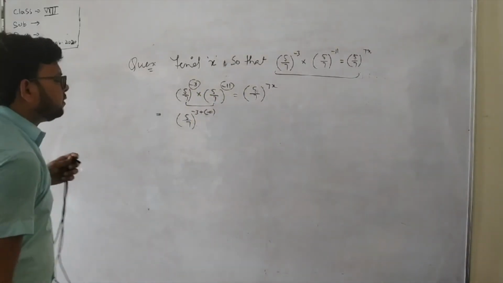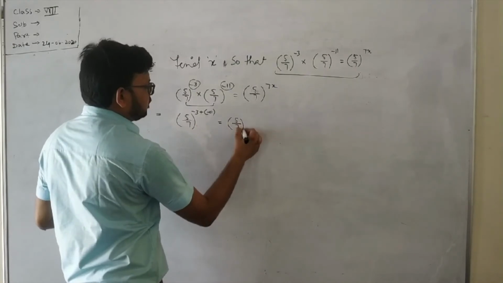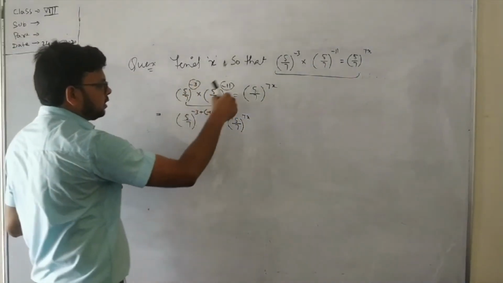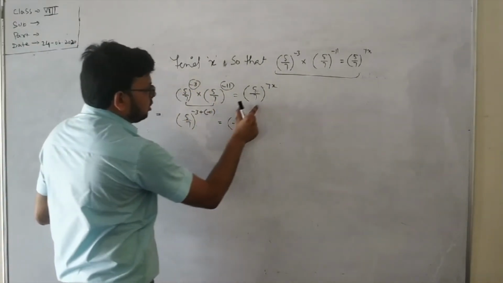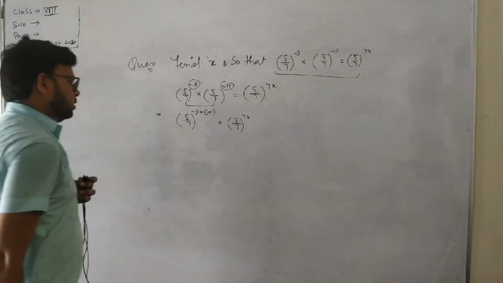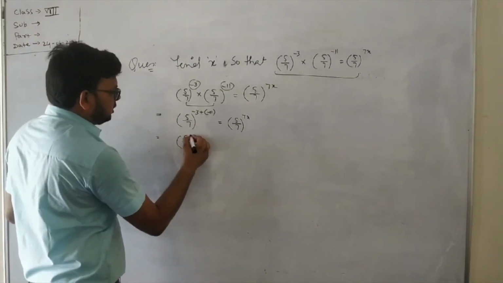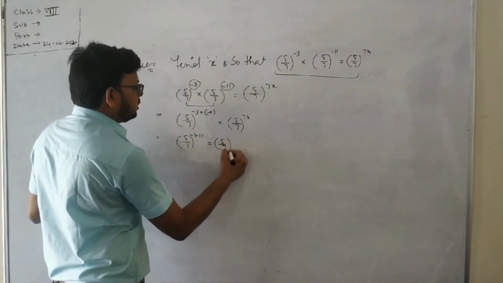So what we have done, we have added the power equals to 5 by 7 to the power 7x. इसको क्या करेंगे, सिंपलीफाई कर देंगे बिकॉज़ बेस आर सेम. पावर को ऐड कर देंगे और इक्वल्स को एज इट इज प्राप्त करते हैं. अब देखो 5 by 7 क्या हो जाएगा, ये -3 प्लस माइनस -11. 5 by 7 to the power 7x.